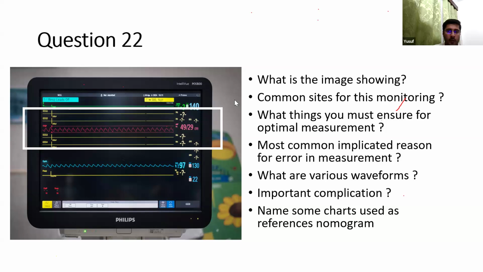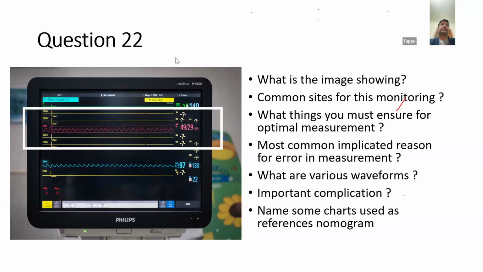Okay, it is showing the IBP monitoring. What are the common sites where you use IBP monitoring? And how would you ensure that your measurements are optimal? And could you please describe the waveforms? How do you describe these waveforms?